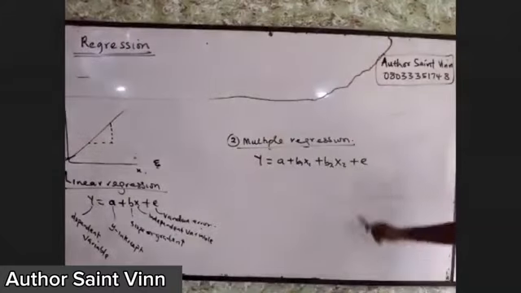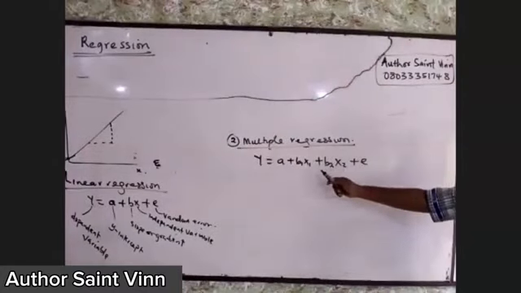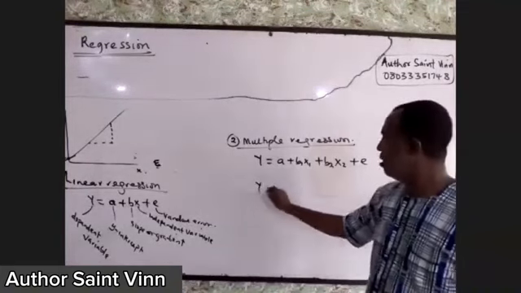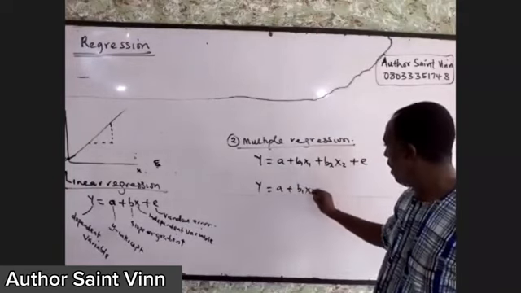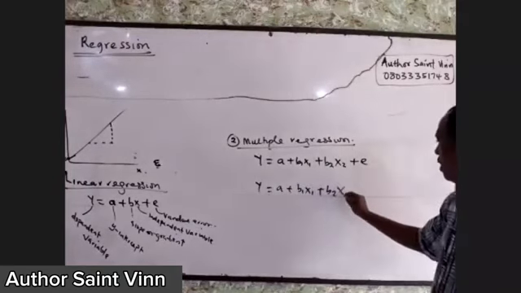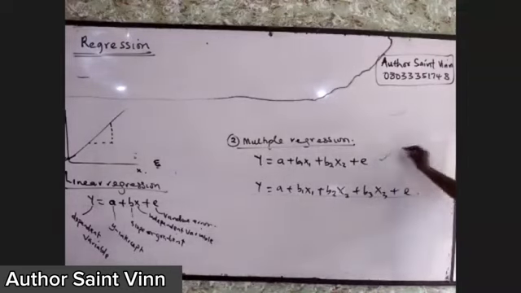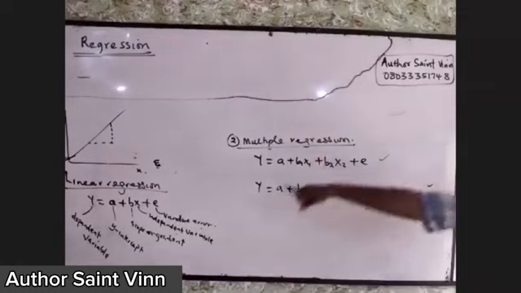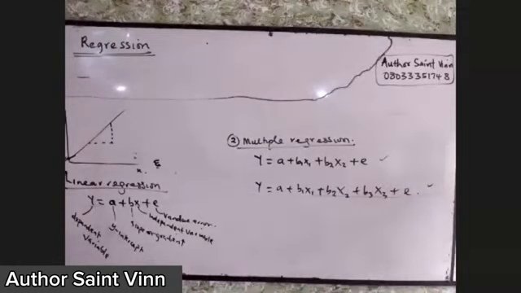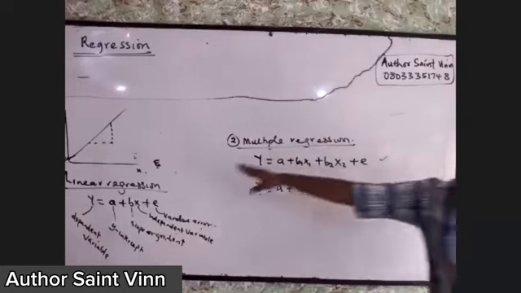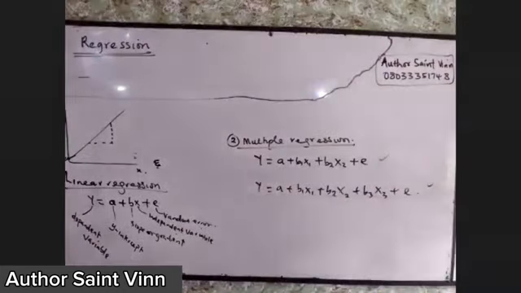You see that the variable here has changed, so that we have two independent variables. We can also have b1 x1, b2 x2, b3 x3. We are not doing this one in detail, but this is what you will see.